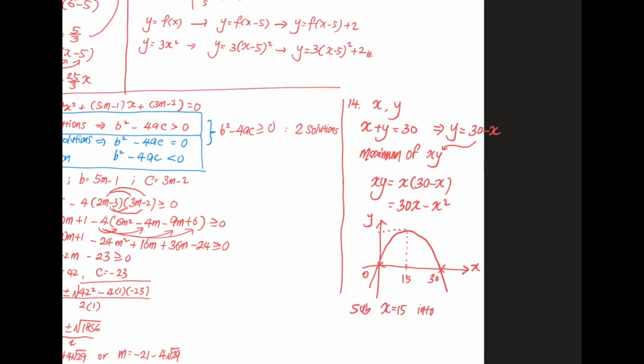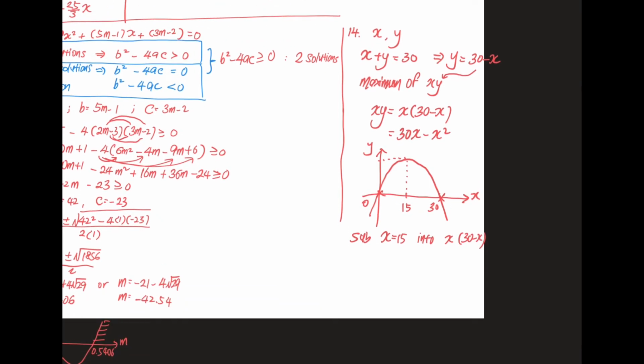So I substitute x equal to 15 into x times 30 minus x, then I will get the maximum. Where I put 15 inside, so it will be 15.